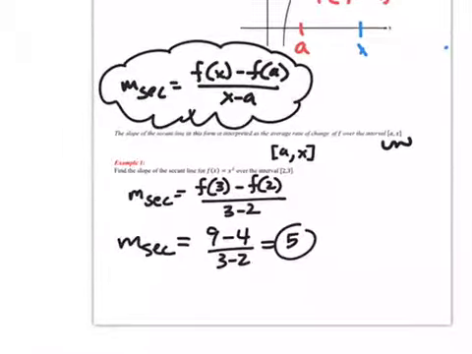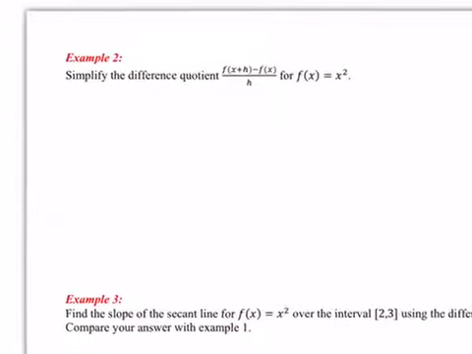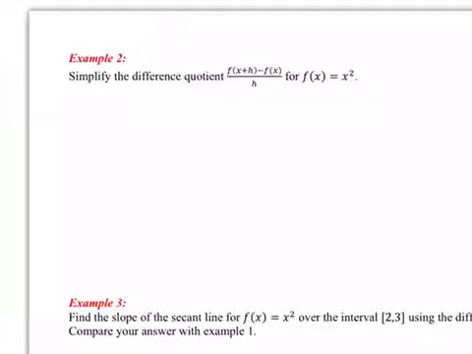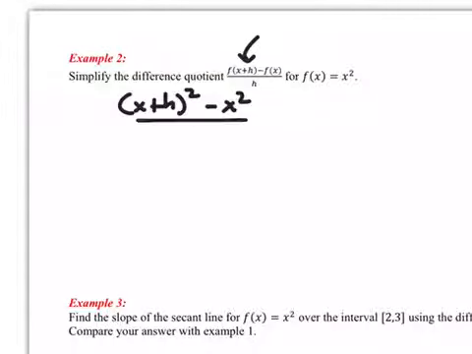Okay, let's move on to our next slide. All right, let's simplify the difference quotient for f of x equals x squared. So if I do f of x plus h, that means I'm going to plug in x plus h into our function, minus f of x, all over h. Our first expression will result in foiling, in which we will get this.